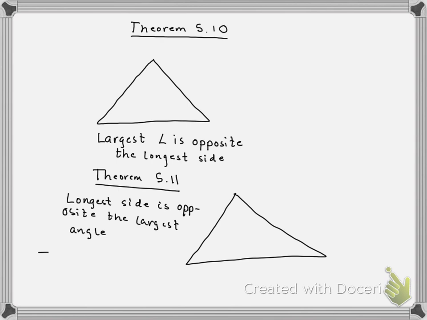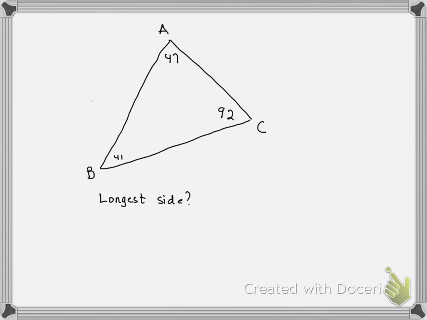Likewise, in theorem 5.11, the longest side is opposite the largest angle. And again, that's assuming that none of the angles have the same measure. Okay, so when we look at this triangle right here, we can identify the longest side by locating the largest angle and going opposite from that.